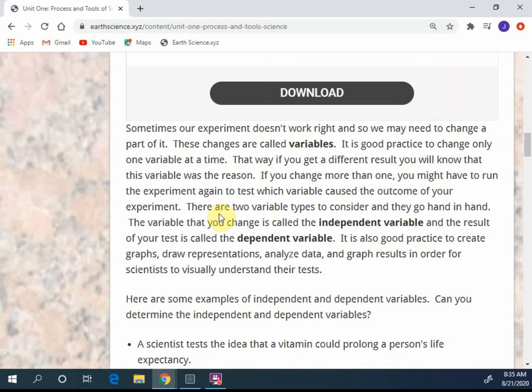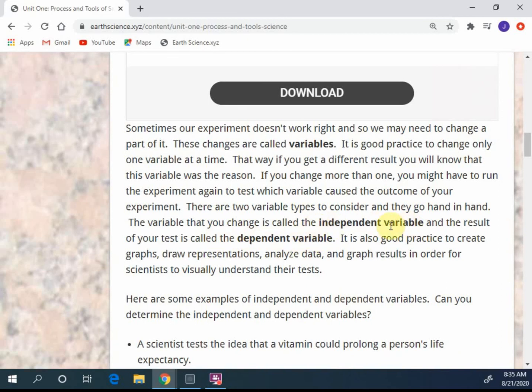So remember, a variable is something you change one at a time. Now, a variable has two types that go hand in hand. You have what's called an independent variable and a dependent variable.